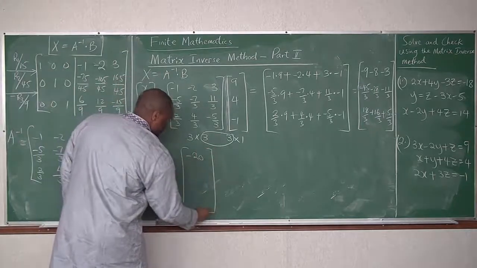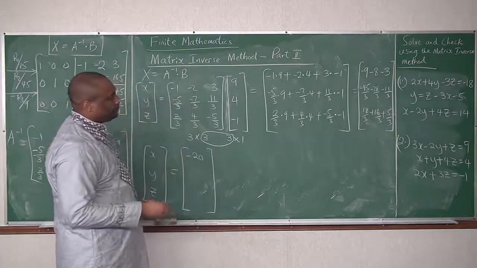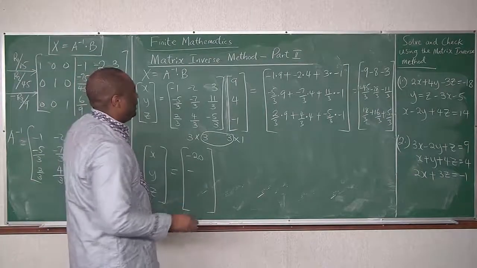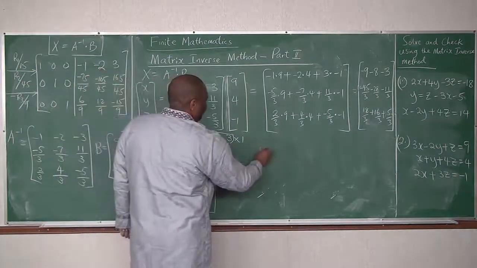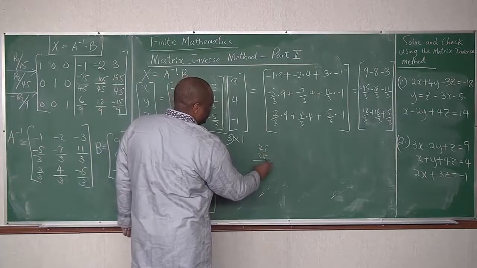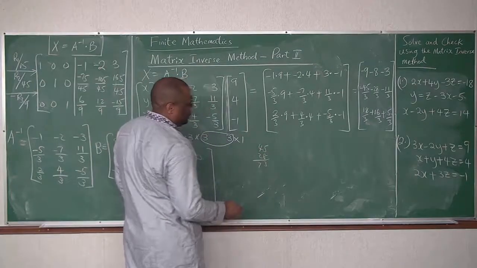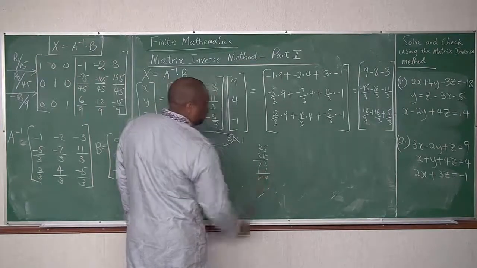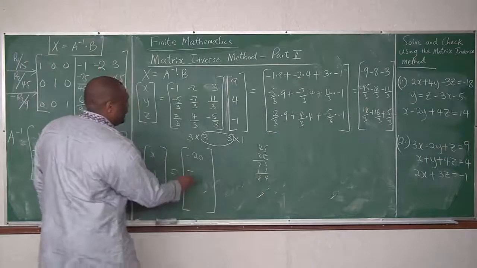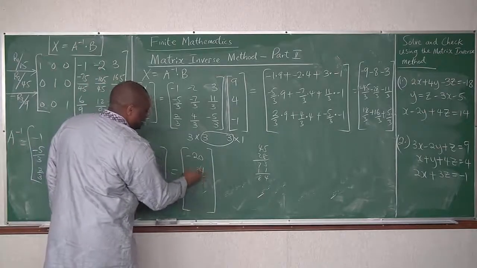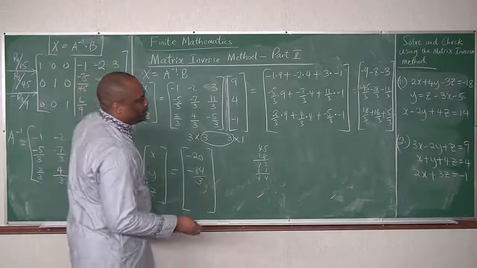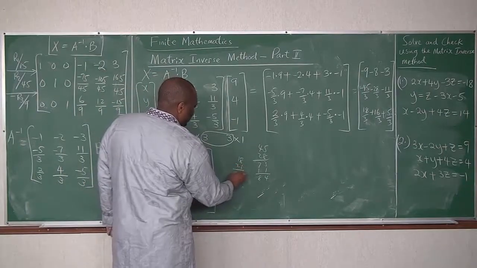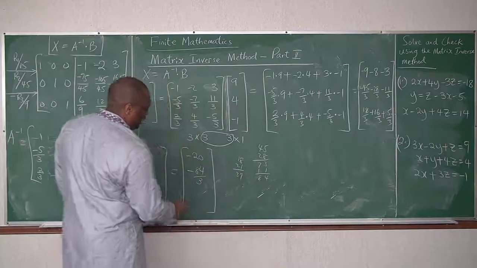Right? This will be minus 45 plus 28. 45 plus 28 is 73, plus 11, 84. So this is minus 84 over 3. Then 18 plus 21 is 39, 39 over 3.